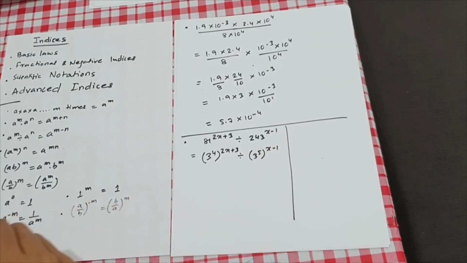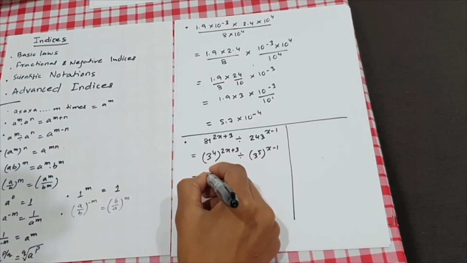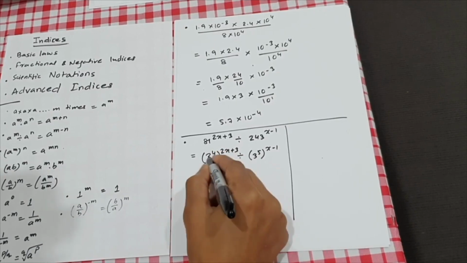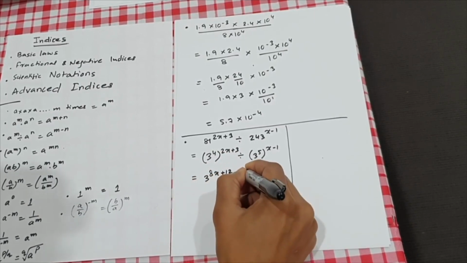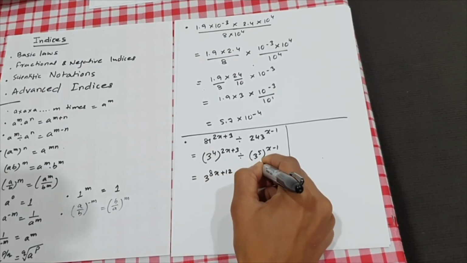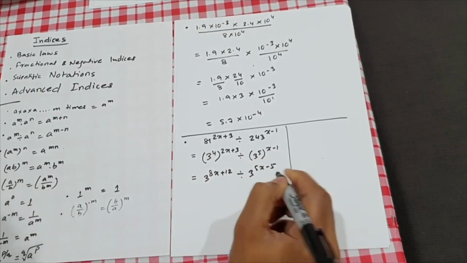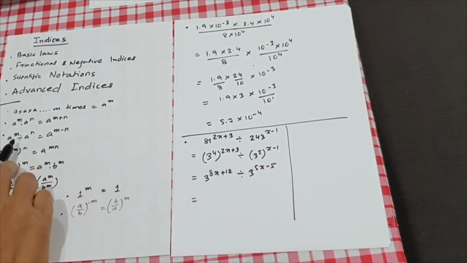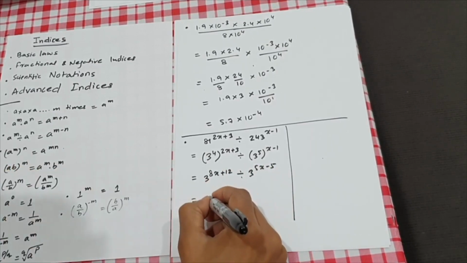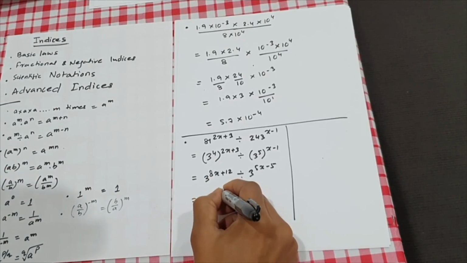Once you've written this in this form, this becomes very, very simple. 3 to the power, you have to multiply them, 8x plus 12 divided by 3 to the power 5x minus 5.